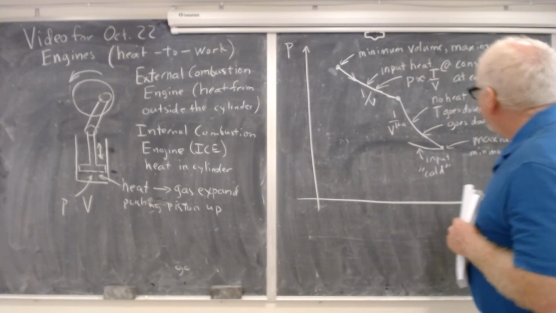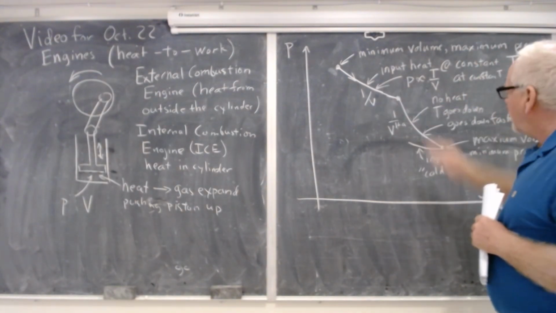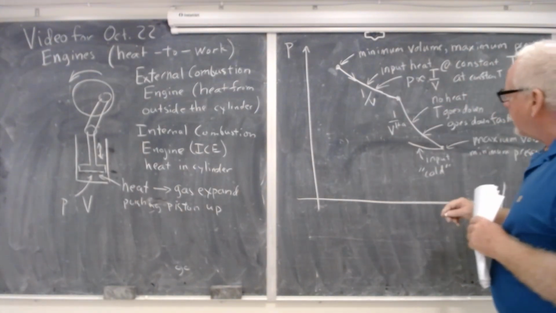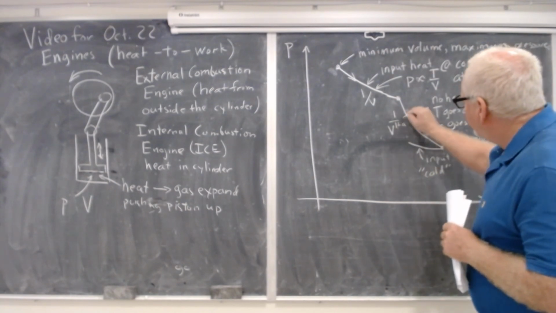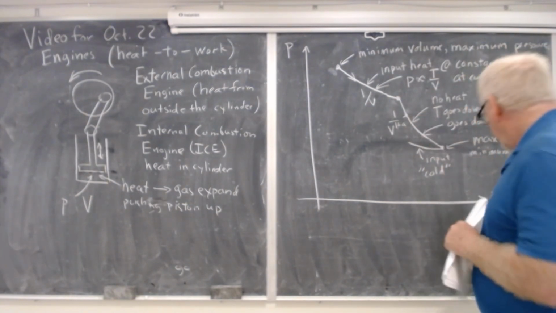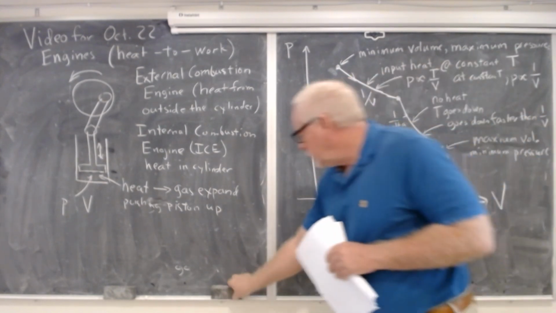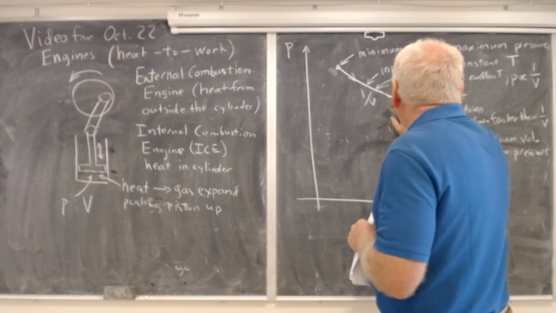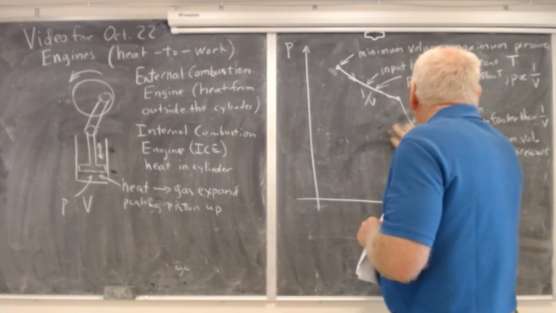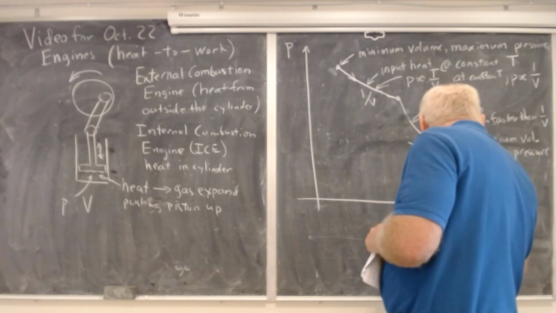Here you inputted heat, and then here you input cold, and the idea is that, let me draw this better. You know it's what part of the curve it's associated with.